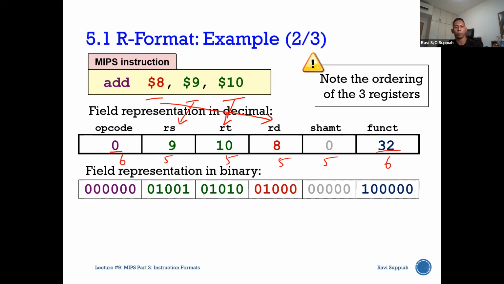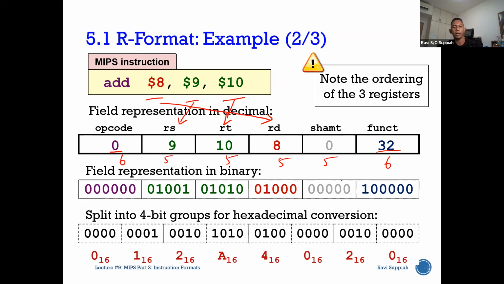So you have a whole binary sequence, and then from there you can convert them to hexadecimal. In hexadecimal you group them into groups of 4, and then you get the final answer here.